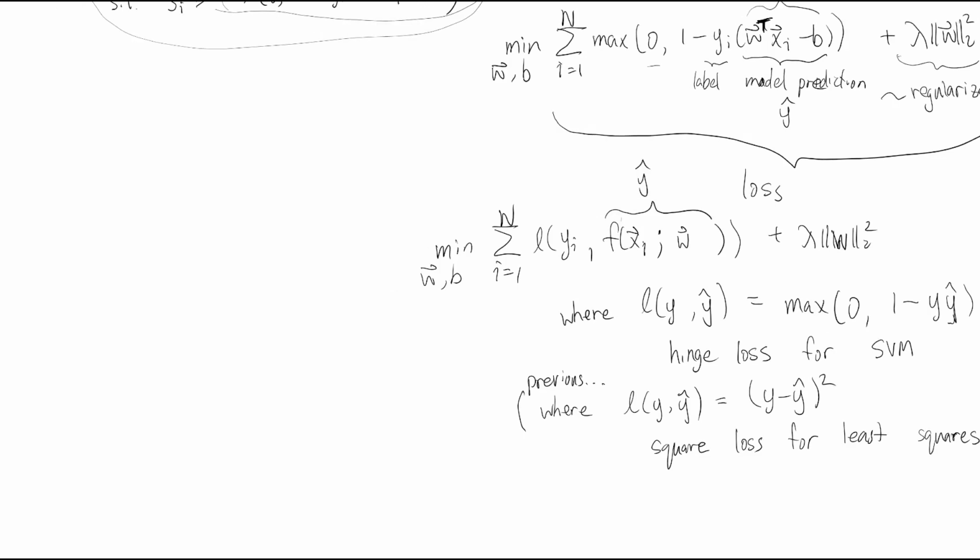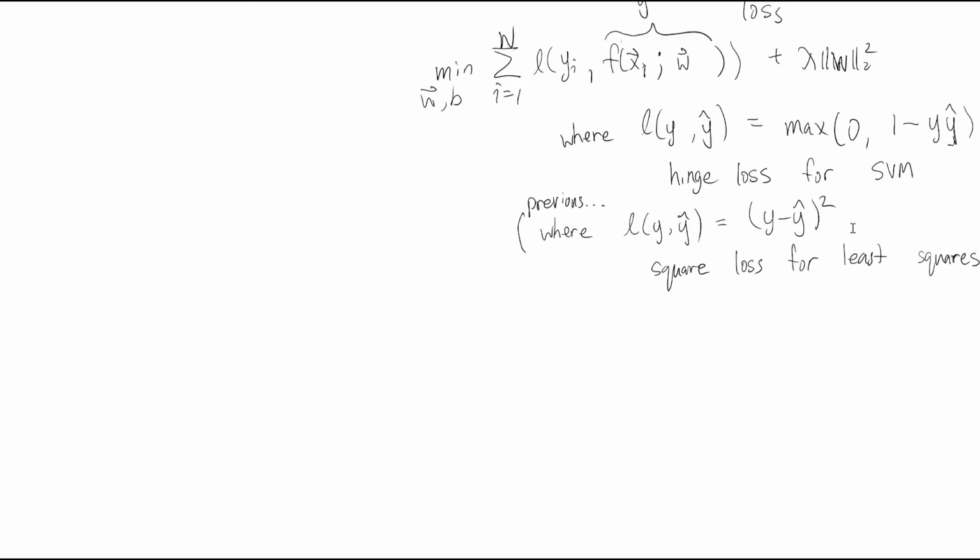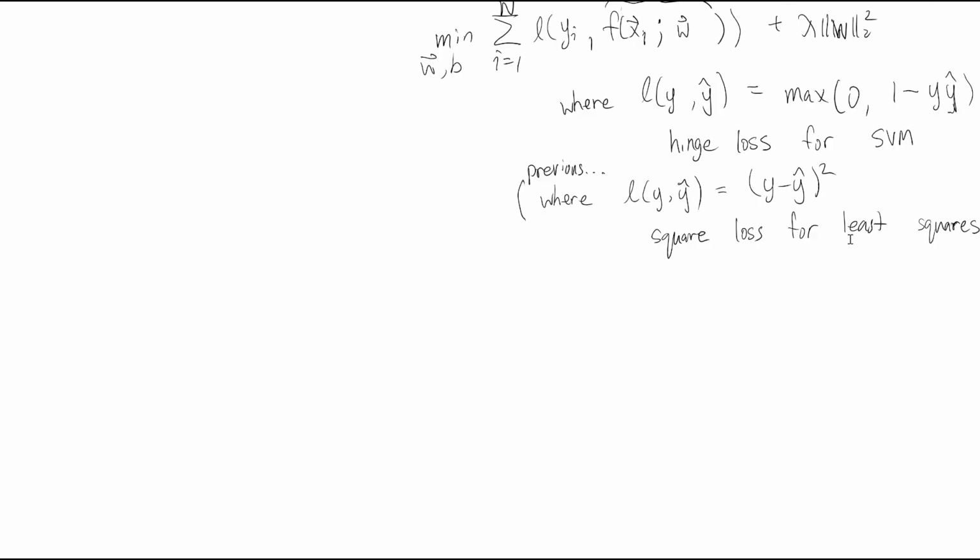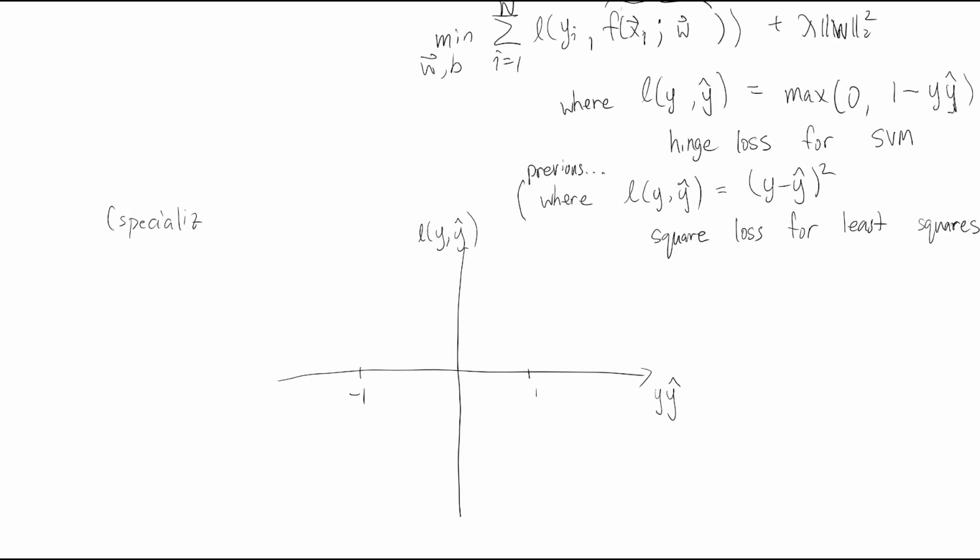So how does the hinge loss compare to the square loss? To see that, we're going to draw a graph. In the graph, in the horizontal axis, we have y hat. And in the vertical axis, we have the loss function L of y hat. So remember, we're going to specialize to the case of binary classification.